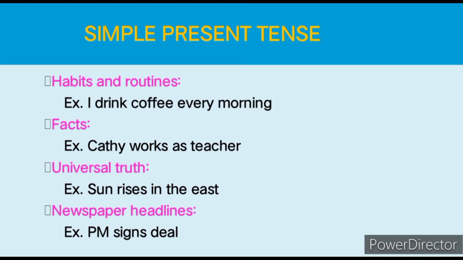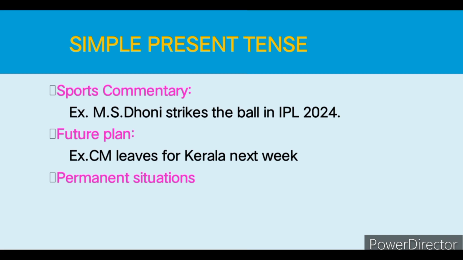We also find newspaper headlines in simple present tense. For example, PM signs deal. Simple present tense is also used in sports commentary. For example, MS Dhoni strikes the ball in IPL 2024. It is also useful to show future plans and permanent situations. For example, CM leaves for Kerala next week.